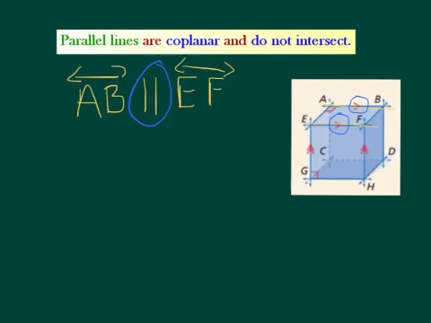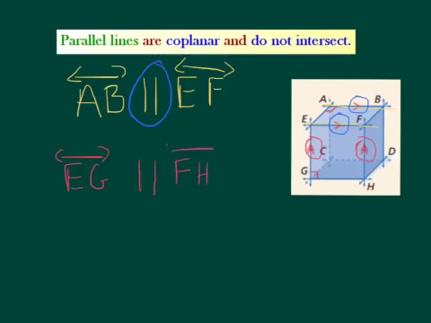So we can also find another set of parallel lines. We have one right here. See these two arrows? So we have line EG is parallel to line FH.